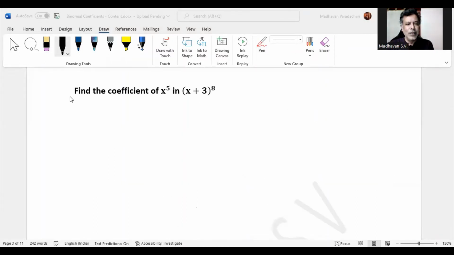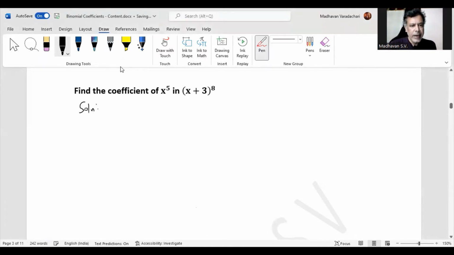In this question, we need to find the coefficient of x to the power of 5 in (x plus 3) to the power of 8. So we will first write the general term. General term is t r plus 1, which is nothing but nCr b to the power of r, a to the power of n minus r.